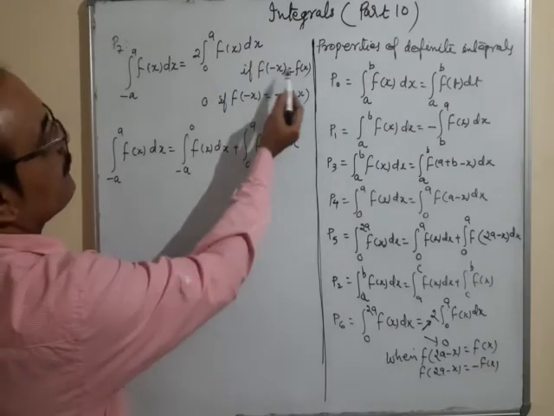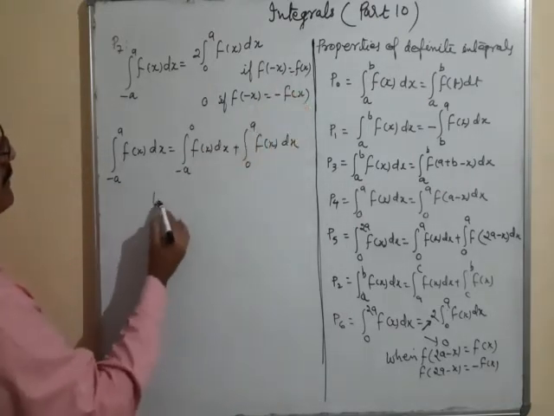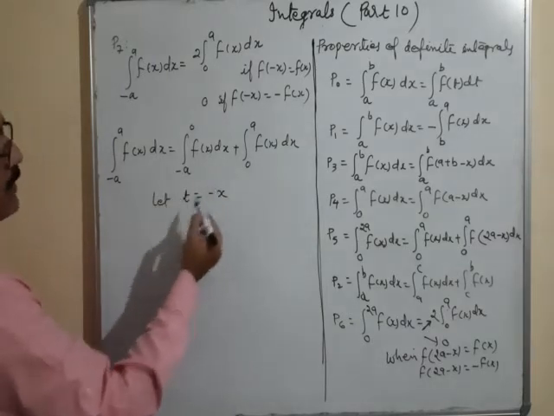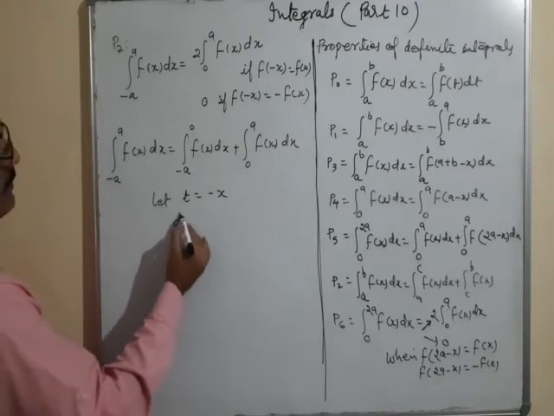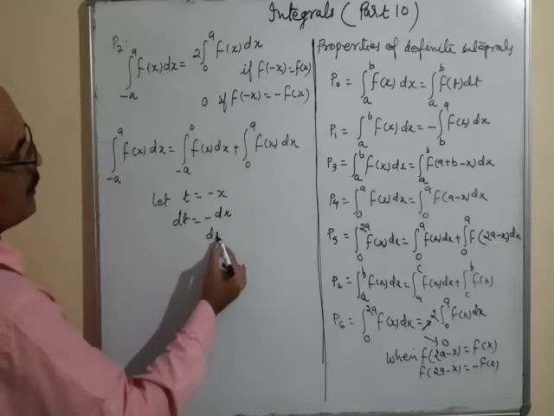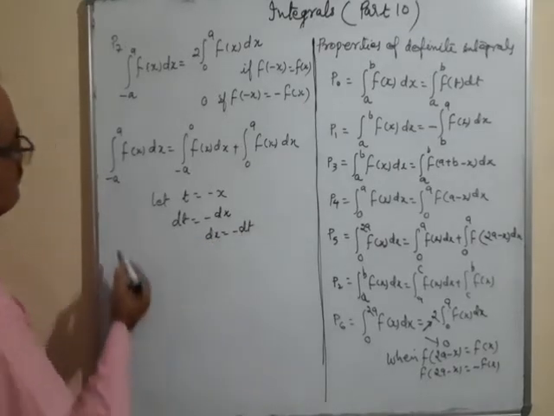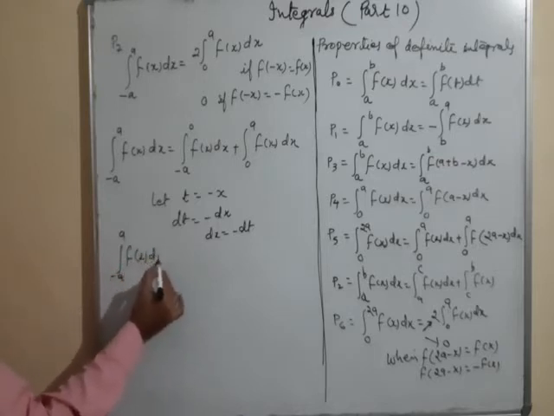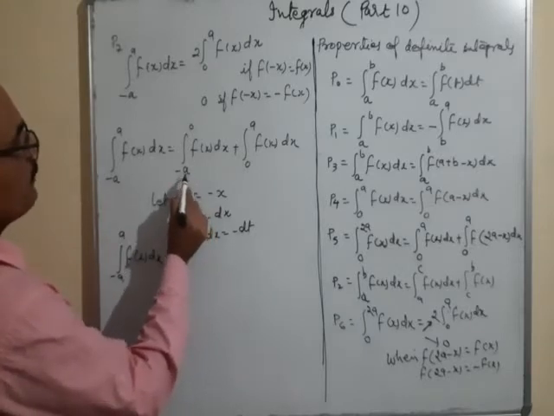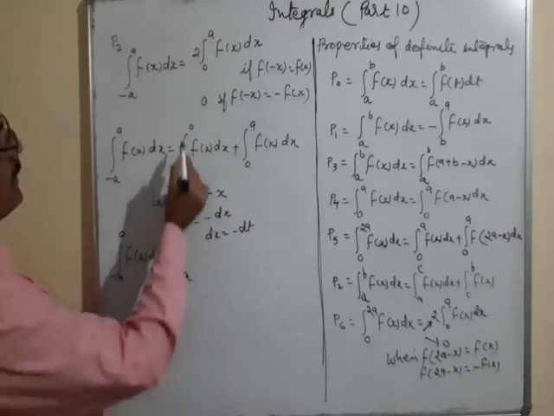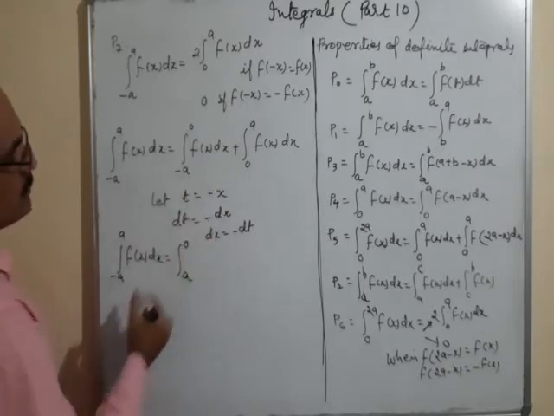For f of minus x, I can consider t equal to minus x. Then differentiate: dt is equal to minus dx, that means dx is equal to minus dt. The integral from minus a to a of f of x dx is equal to, with the limits, in place of x minus a, minus minus cancels, it is plus a, and when x is 0, t is 0.